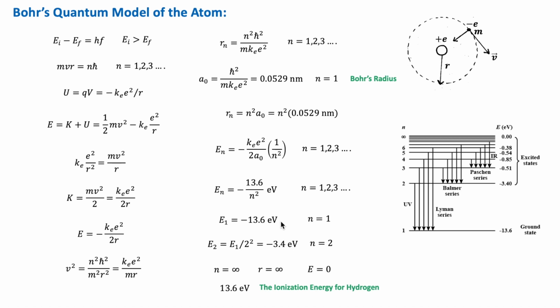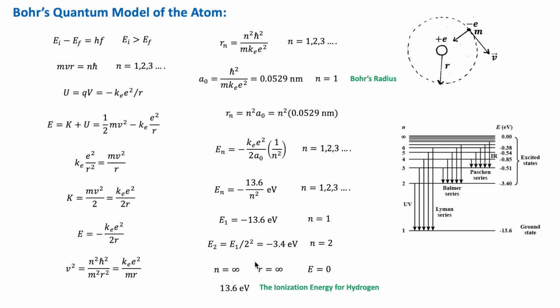And the first excited state, or the next energy level, corresponds to n equal 2 and is equal to E1 over 4, equal to minus 3.4 electron volts here. Okay, so this is the ground state and this is the first excited state. So this figure here shows an energy level diagram showing the discrete energy states for each quantum number, okay?